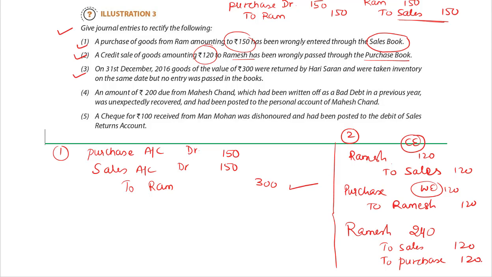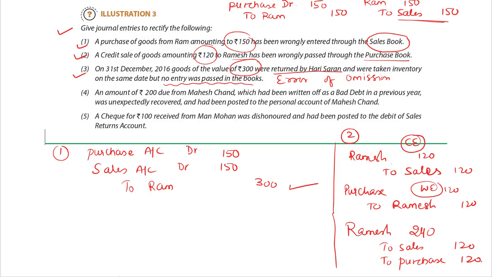On 31st December 2016, goods of the value 300 were returned by Hari Saran and were taken into inventory on the same date, but no entry is passed in the books. So this is an error of omission. Let's read it once again.